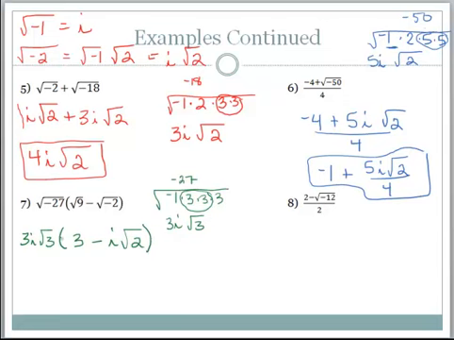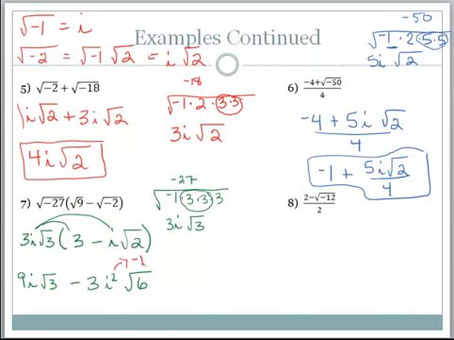Now we can distribute. 3i square root of 3 times 3 is 9i square root of 3. 3i square root of 3 times negative i square root of 2 is going to be negative 3i squared square root of 6. But what is i squared? i squared is negative 1.